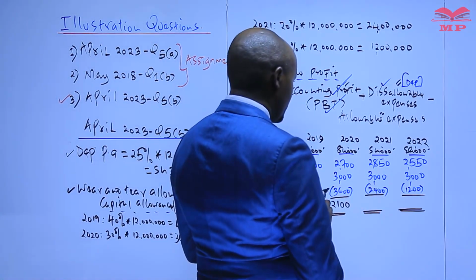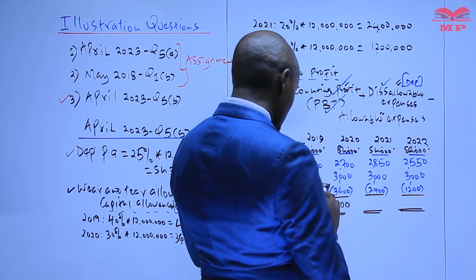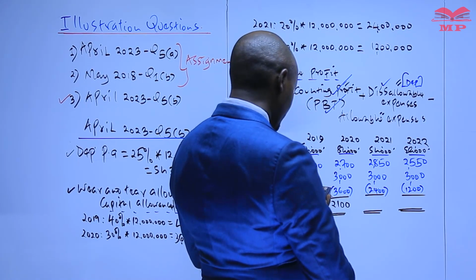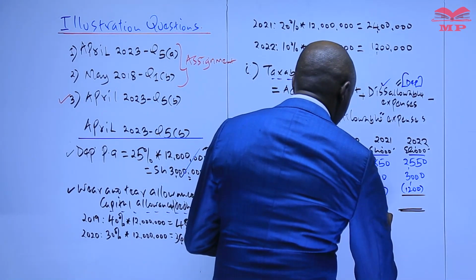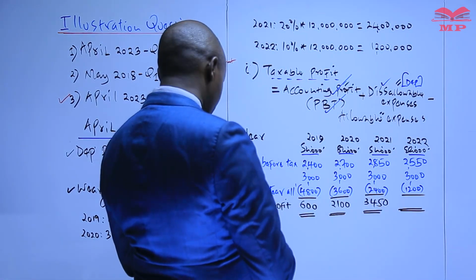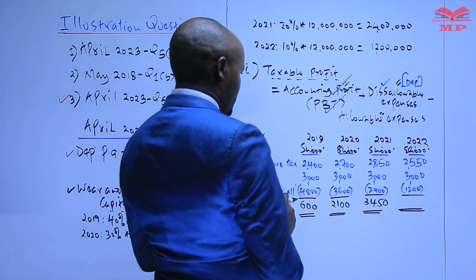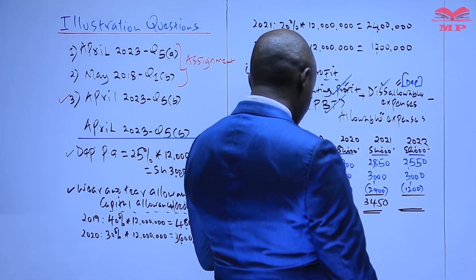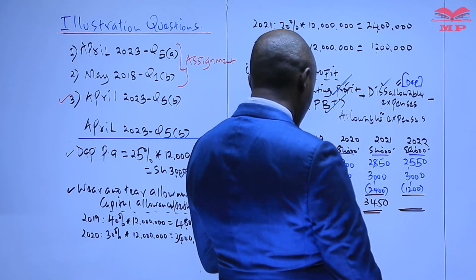So let's go to the year 2021. We have 2,850 plus 3,000 minus 2,400. So this will give us 3,450, and finally we have 2,550 plus 3,000 minus 1,200.